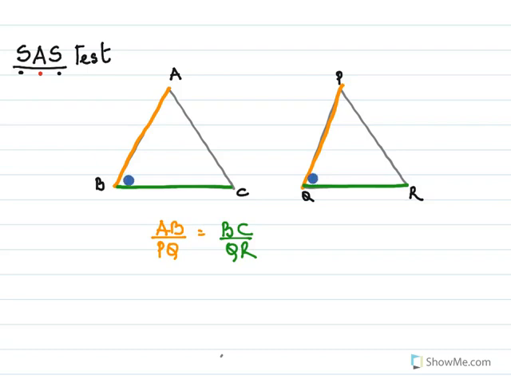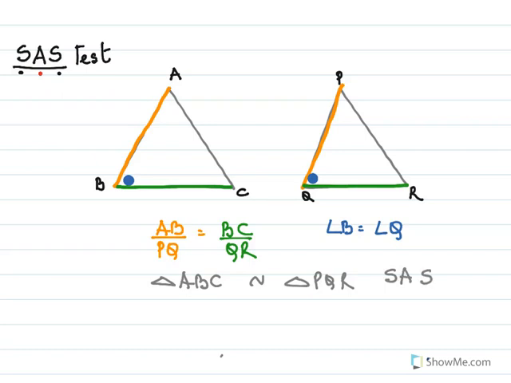So B should be equal to Q, angle B equal to angle Q. So I can say now the triangles are similar. Triangle ABC is similar to triangle PQR by SAS test.